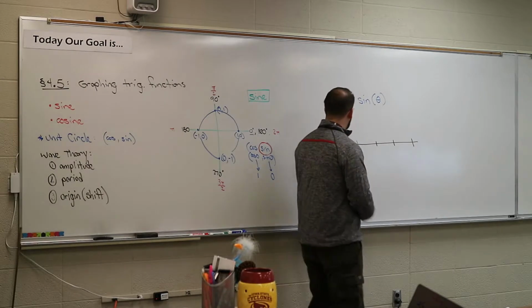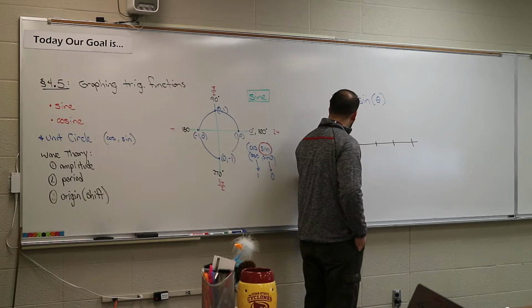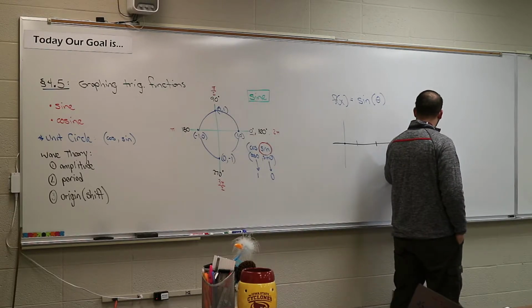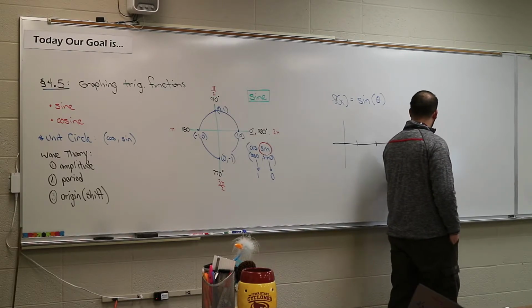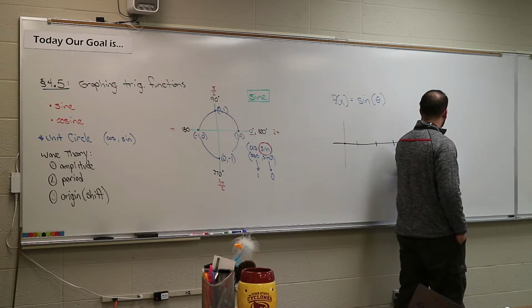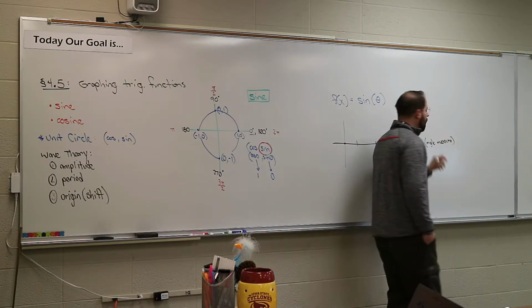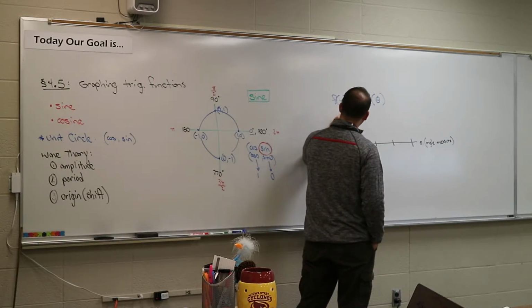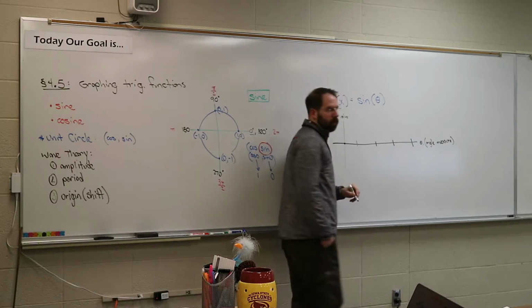Okay. How this works. Along the x-axis, these are going to be my angles. This is going to be theta, my angle measure. As I go up and down, this is the actual value that the trig function would spit out.